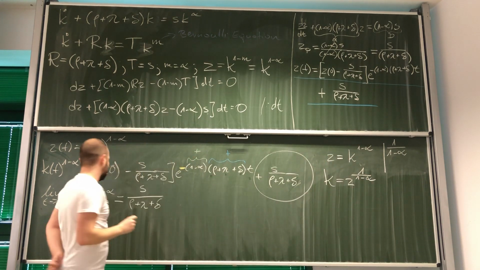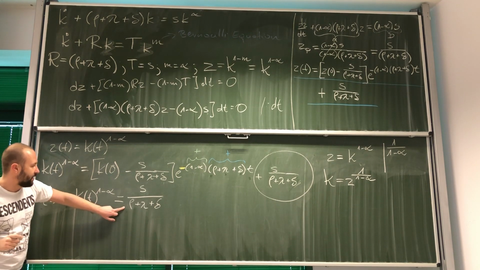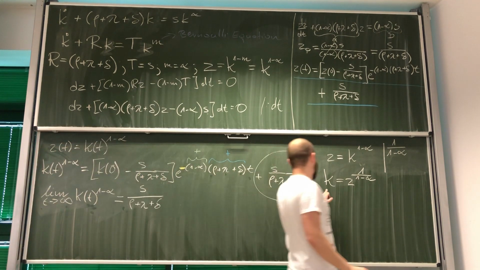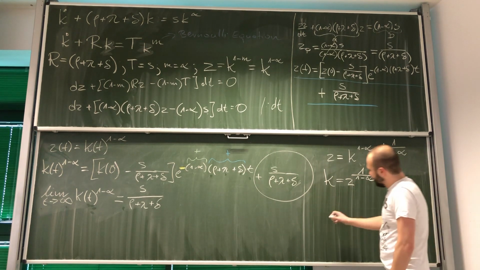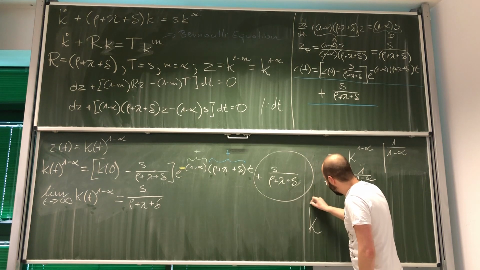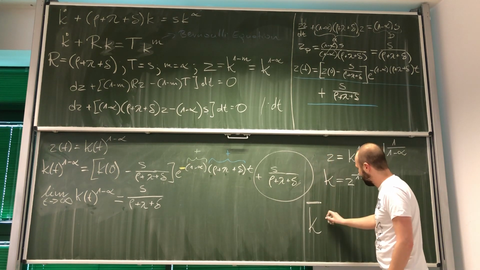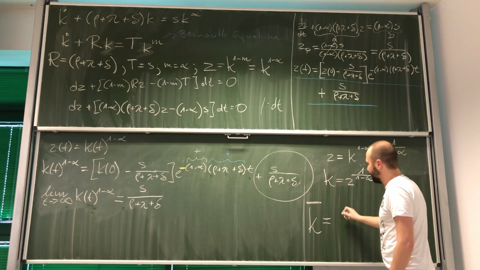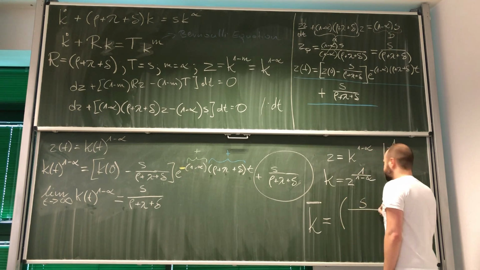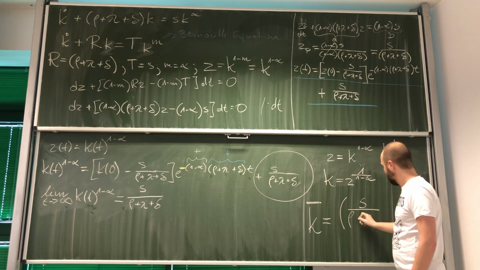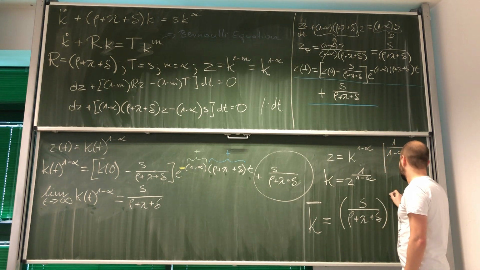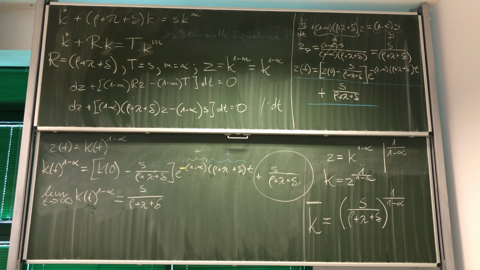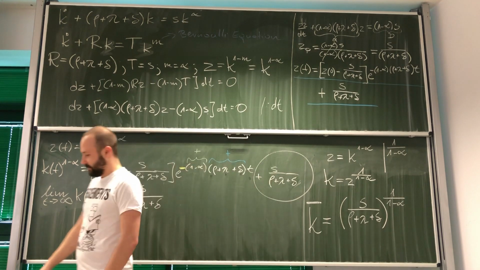And finally, using this result instead of z, we get that the steady state level of capital in this economy is given by s over rho plus lambda plus delta, to the power 1 over 1 minus alpha. And this is the final solution.